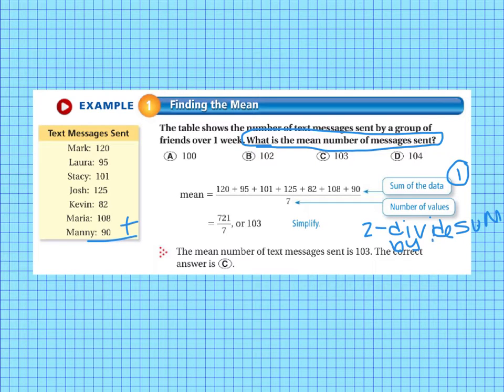And then it says we simplify. So that's step 3. And so the mean number of text messages sent is 103.